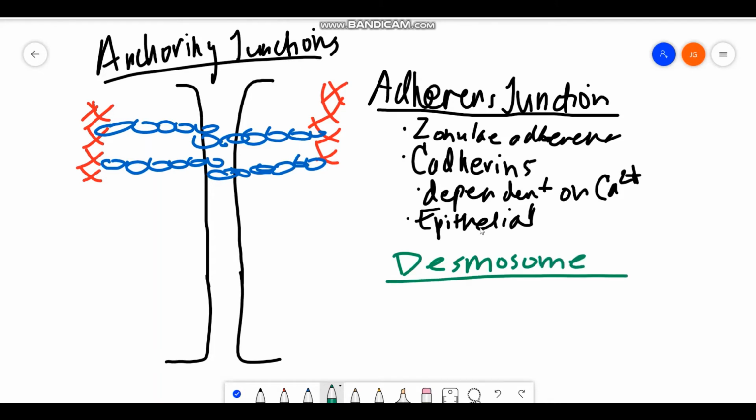Now, funny thing is that your desmosomes, also called your maculae adherens, they're also going to use cadherins.